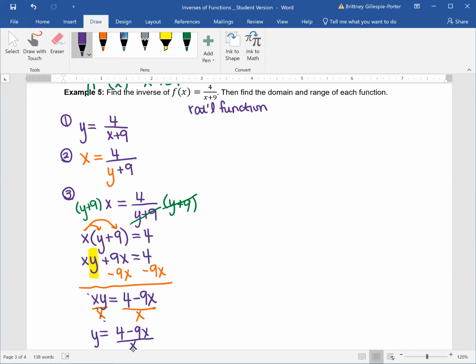Up top, it's attached to the 9 and the 4. Down below, it's single. So no trying to cancel it out. And then remember, our fourth step is our function notation. F inverse of x equal to 4 minus 9x all over x.